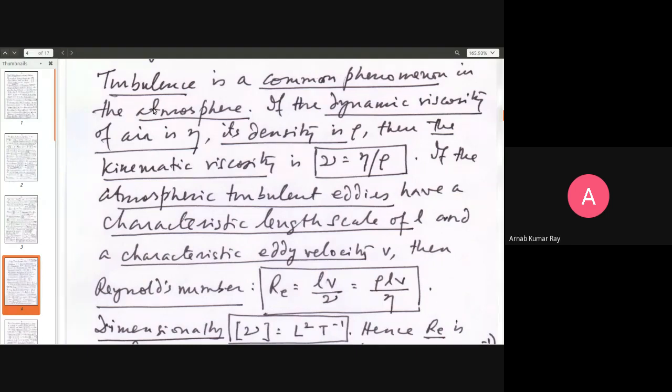So different liquids will have different viscosity values, right? Gases will also have viscosity values, but gas is a very thin fluid. Also, it's a compressible fluid. So the viscosity offered by a gas, the fluid resistance, fluid friction offered by air, will not be as high as that of a liquid.